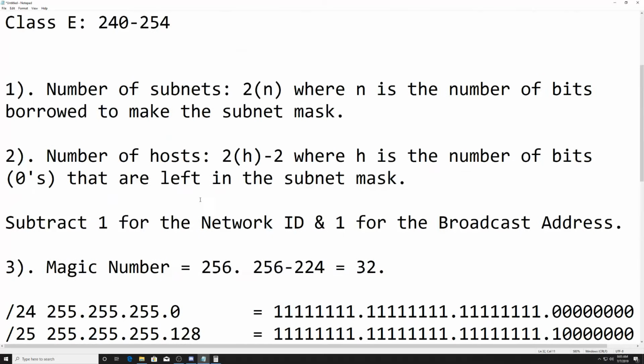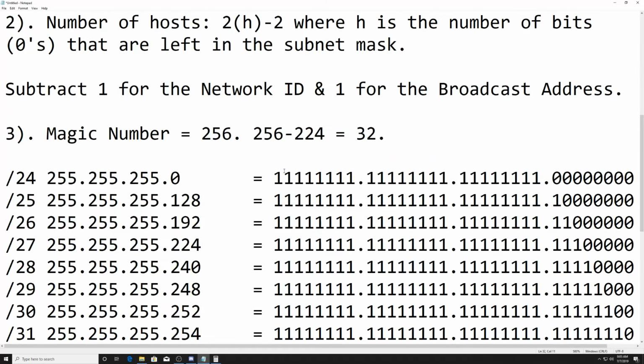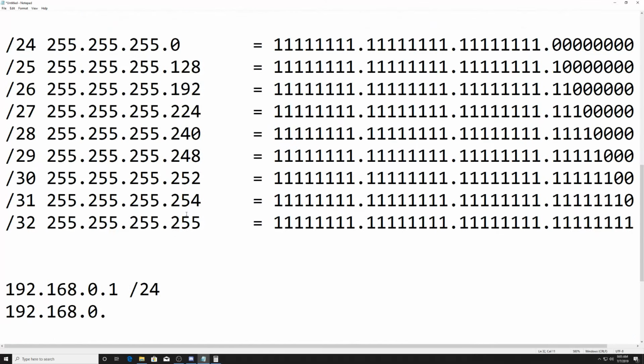To find the number of hosts, 2 to the H minus 2, right? If you add them up, it's going to come up to 256. You take 1 for the broadcast address and 1 for the network ID. That leaves you with 254.